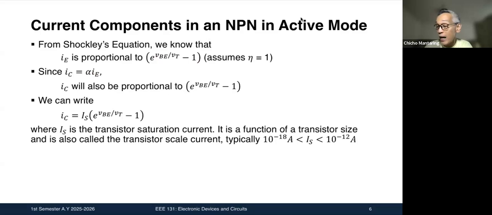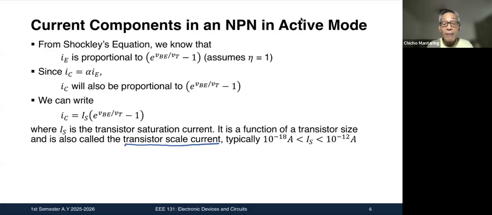The constant of proportionality is I sub S, which is the transistor saturation current, or we also call it the transistor scale current. The reason why we call it the transistor scale current is because that is a function of the size of the transistor.